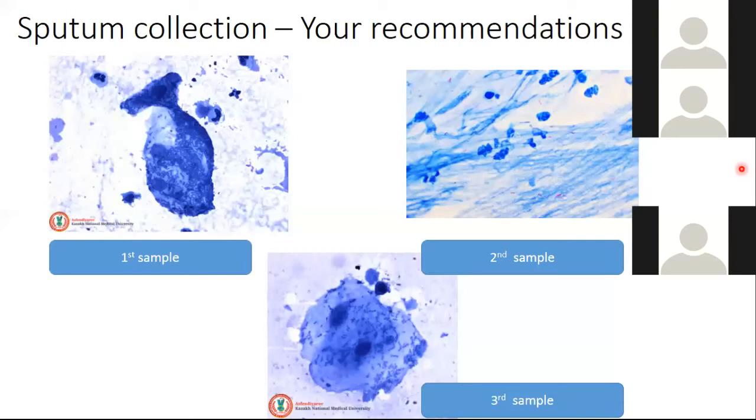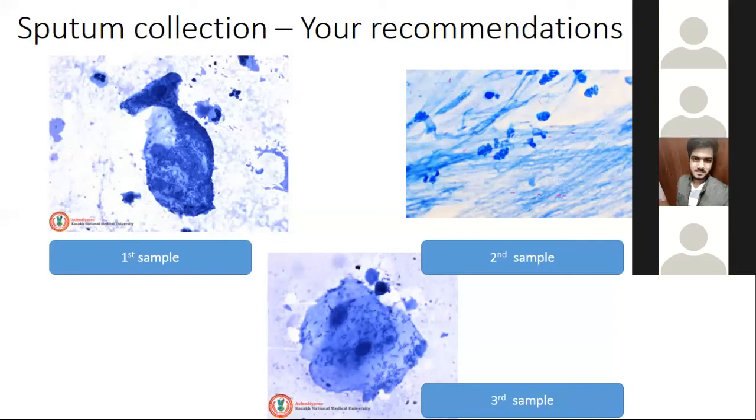Next, Vidika, interpret the last picture, the third sample. What do you see, and how can you explain this result? And your recommendation to the patient? Ma'am, it's a mixture of saliva also.